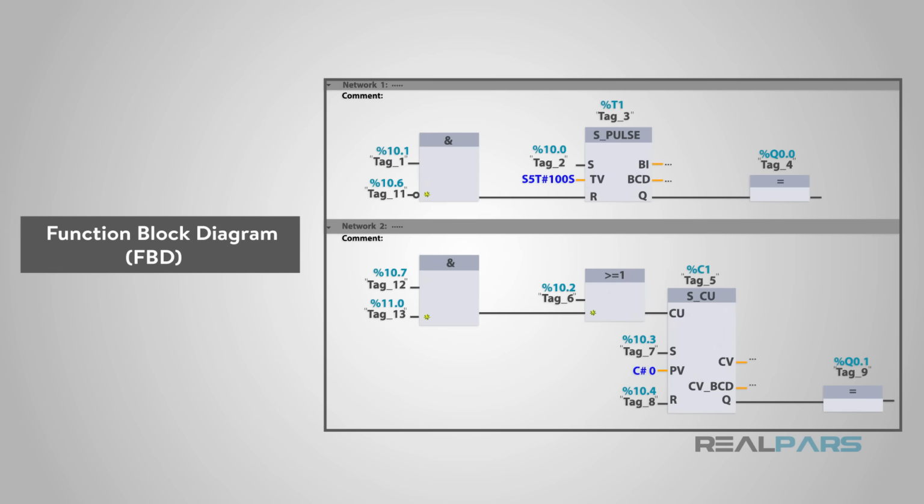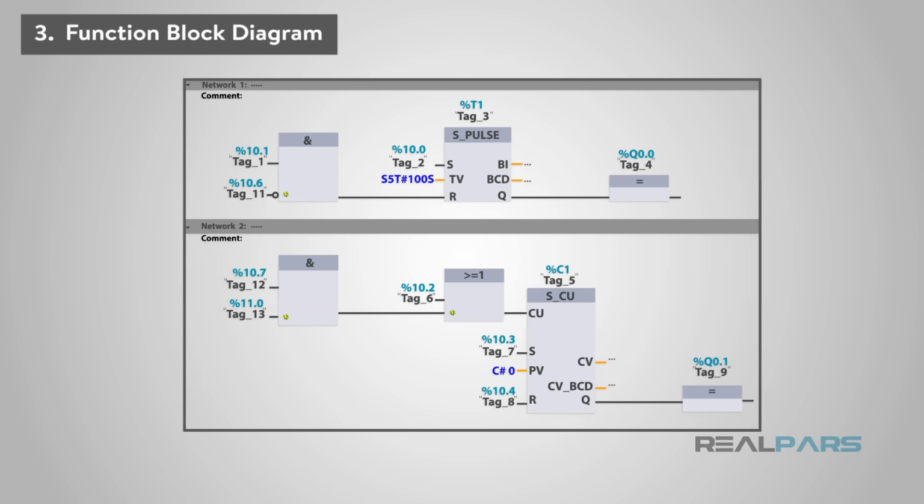Now, we are on to our third PLC programming language, the Function Block Diagram, which is also a graphical type of language. The function block diagram describes a function between inputs and outputs that are connected in blocks by connection lines.